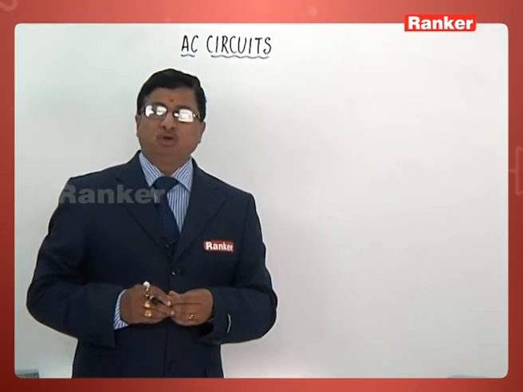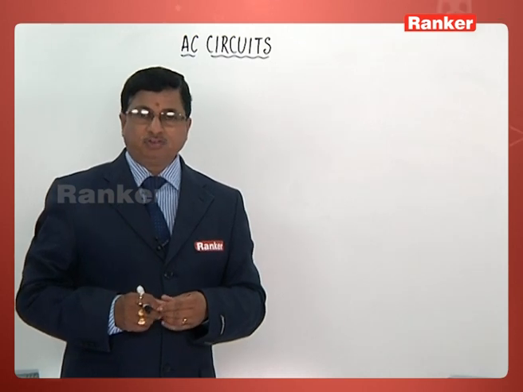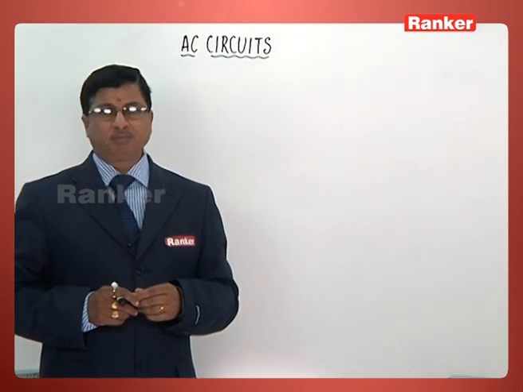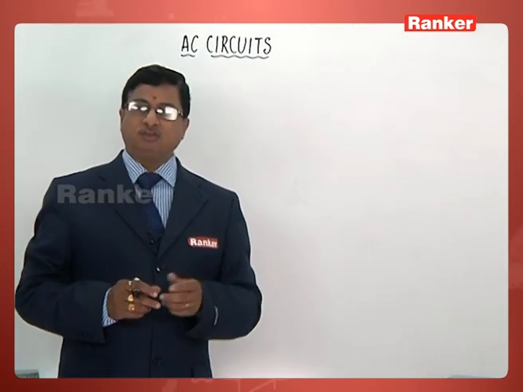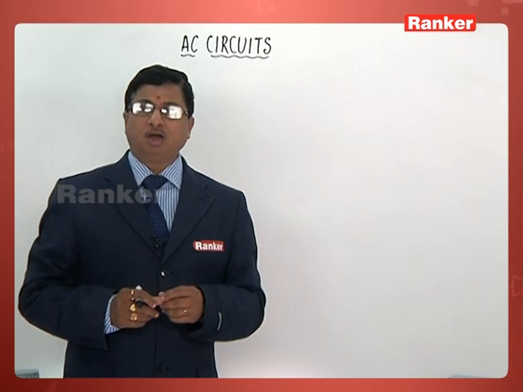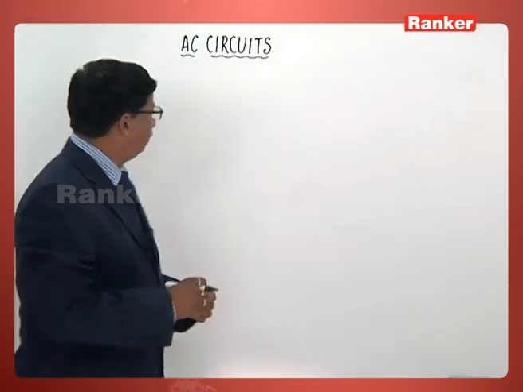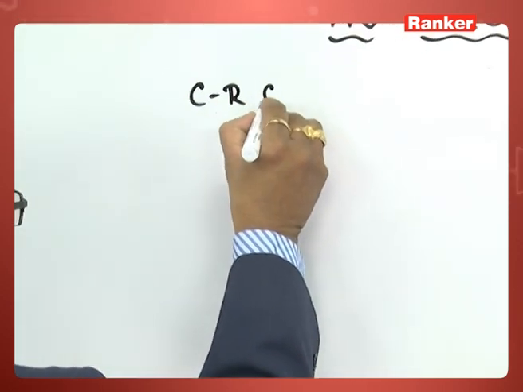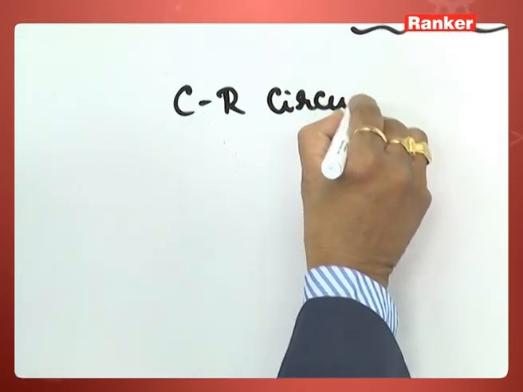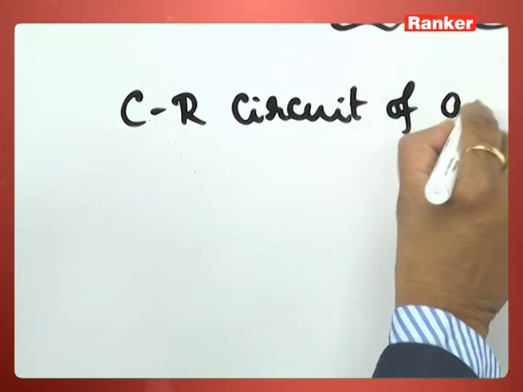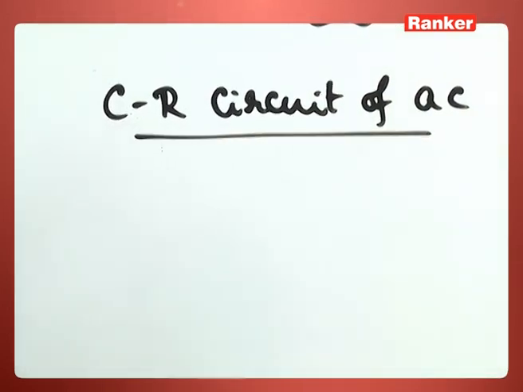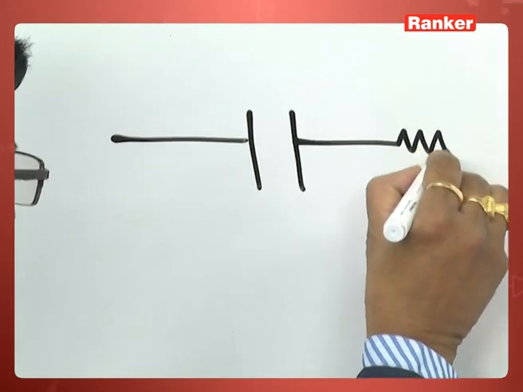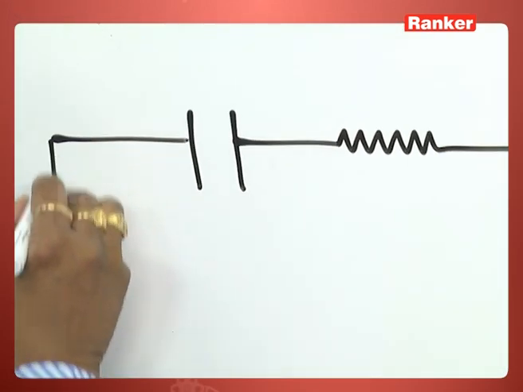Let us take one more circuit like this, which is the CR circuit. One capacitance and one resistance, both connected in series in the same alternating current circuit. That is the CR combination, CR circuit of AC. Let us take one capacitor connected to a resistor like this.